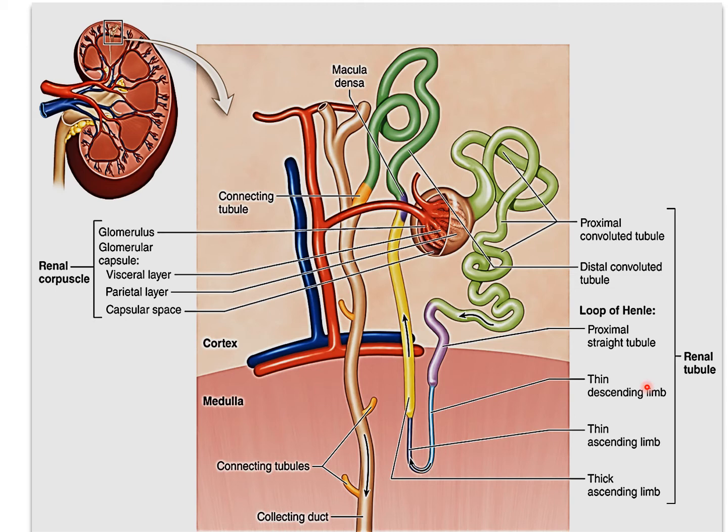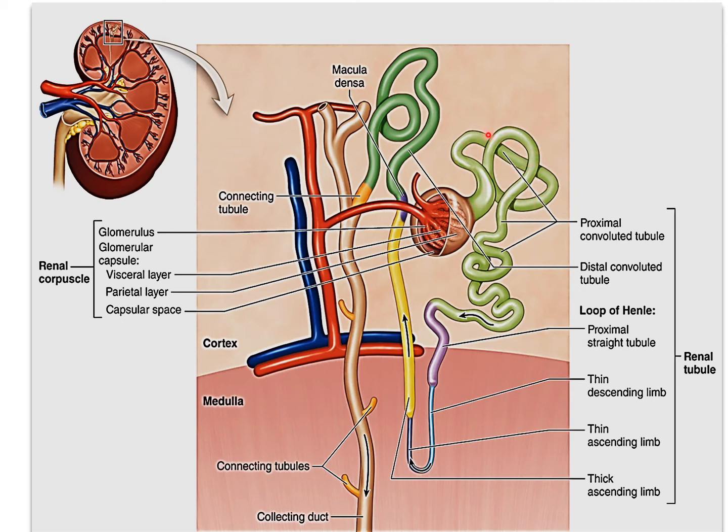Also, this figure illustrates the renal corpuscle, and inside the renal corpuscle there is the glomerulus, which is a tuft of capillaries, and the Bowman's capsule. This is the Bowman's capsule. Also, we note the renal tubules.